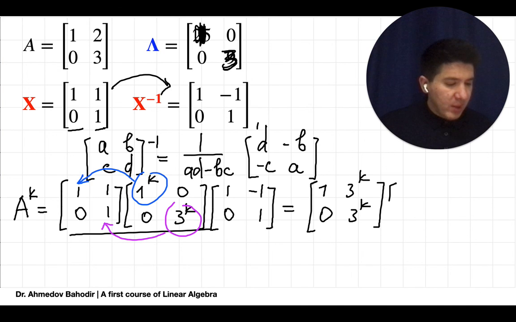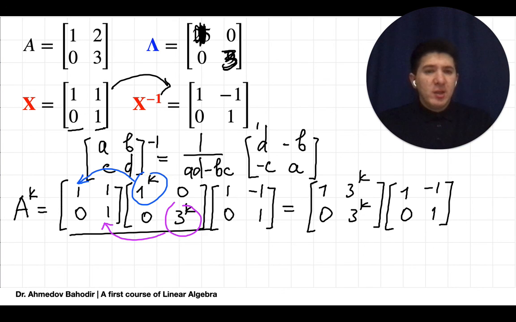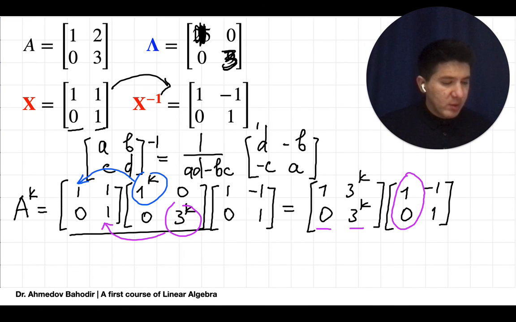We have to multiply this now by the second matrix, 1, 0, -1, and 1. You can multiply these two matrices in many different ways, and I'm going to do this by combining the columns of this matrix using the entries from here. So 1, 0 means multiply the first column by 1 and the second column by 0. It is simply 1 and 0.